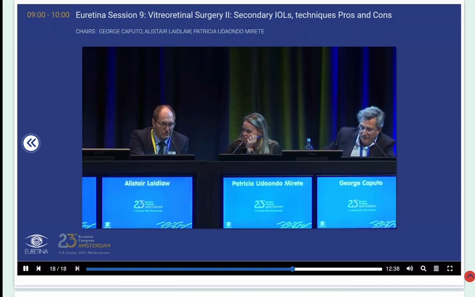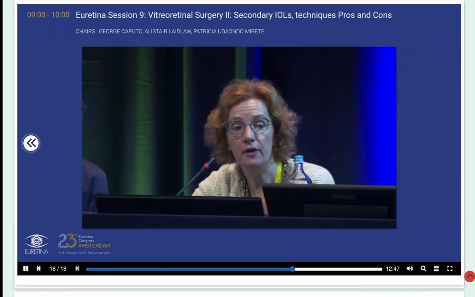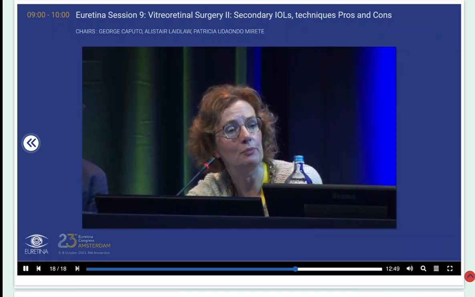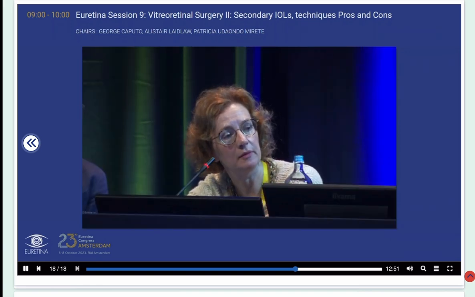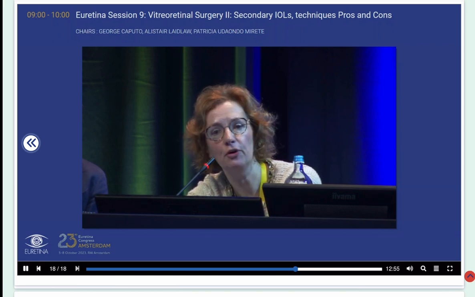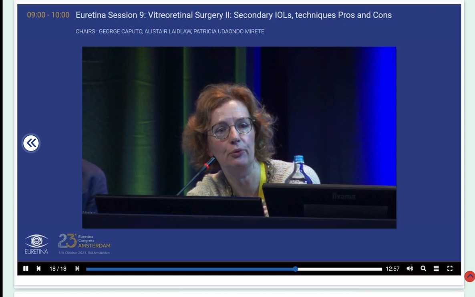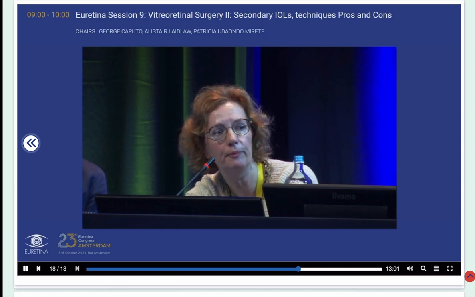And you get an excellent, stable lens, and it's durable. I agree that sometimes we need to leave the sutures. And the only other thing I'd say is we've got to remember that as much as we love operating, in some cases just a contact lens would be a perfectly good option for our patients, and we need to make sure that when we're doing our consenting process all the possible options are put before them.